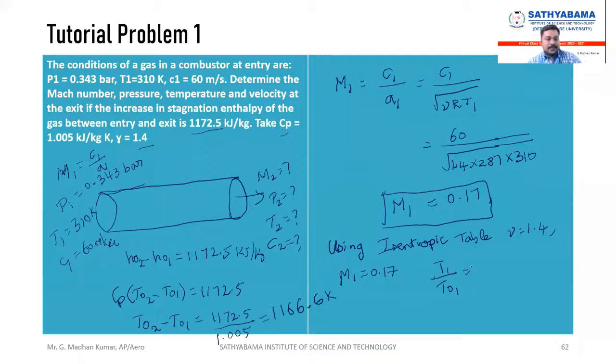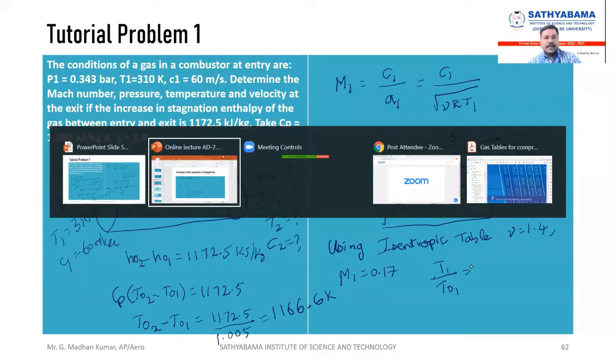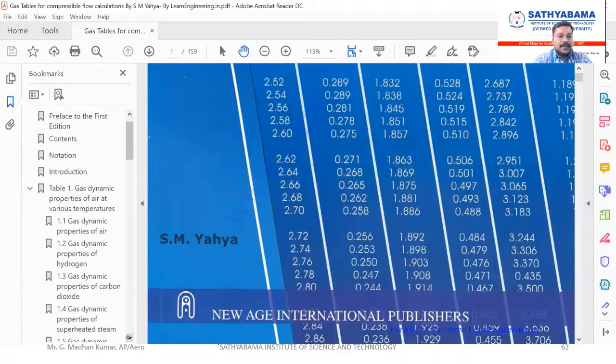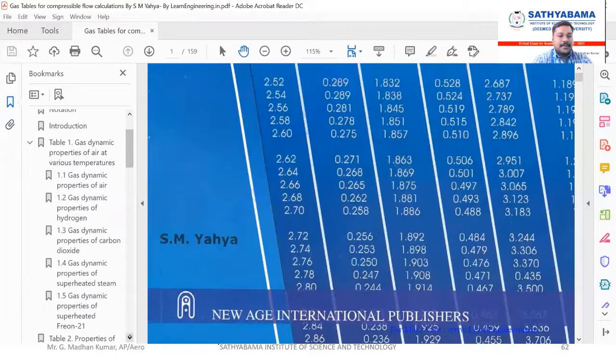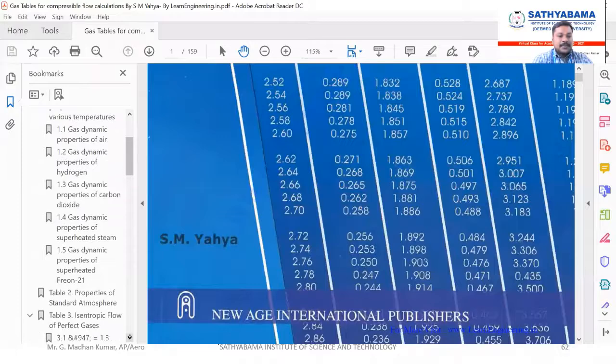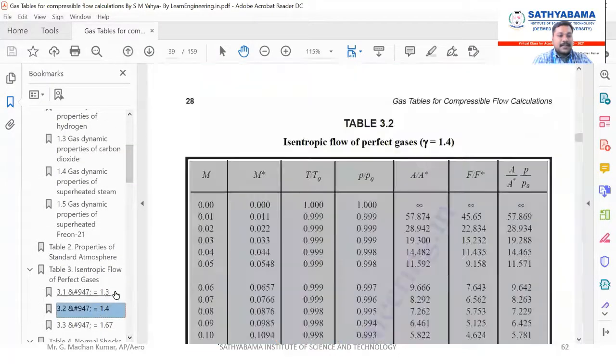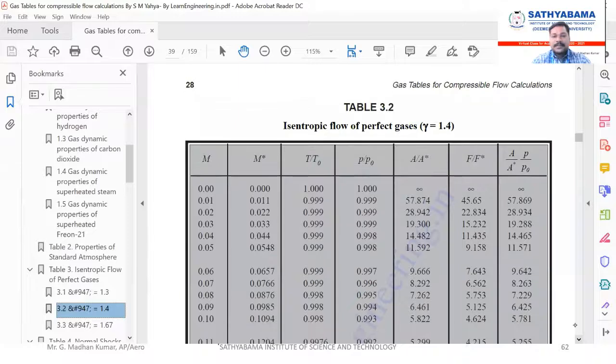Right? So we are going for gas tables now. In this gas table, here we are having isentropic table, right? So in the reference side, we have isentropic flow of perfect gas. Here, gamma is equal to 1.4 is there. So in this gamma is equal to 1.4 chart, we have T by T0, right?